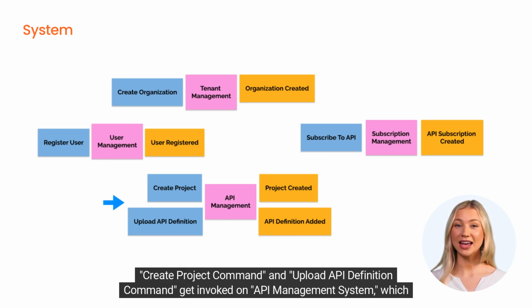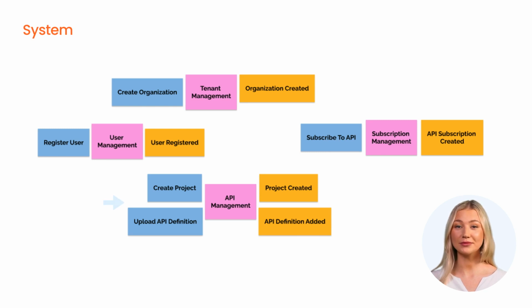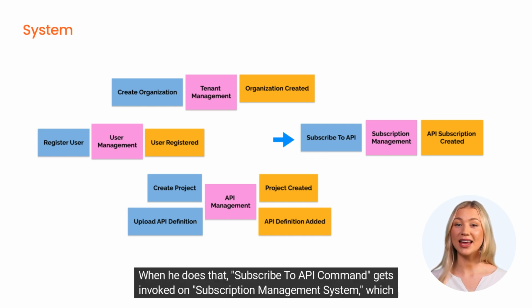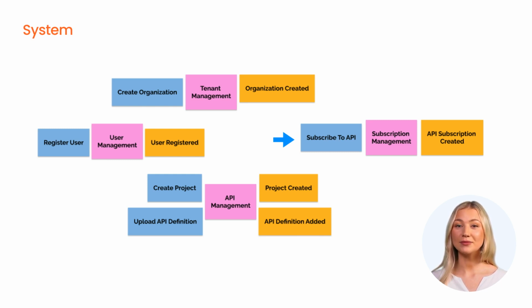The create project command and upload API definition command get invoked on the API management system, which then produces the project created event and API definition added event. Remember our user, Elaine. He subscribes to an API. When he does that, the subscribe to API command gets invoked on the subscription management system, which then produces an API subscription created event.